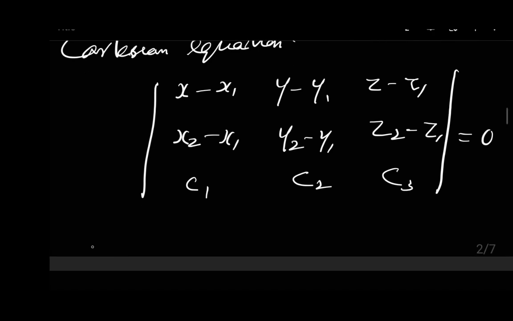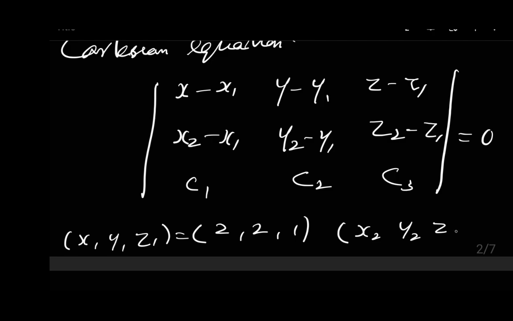So substitute the points. We take x1, y1, z1 point as 2, 2, 1, and x2, y2, z2 point as 1, minus 2, 3.